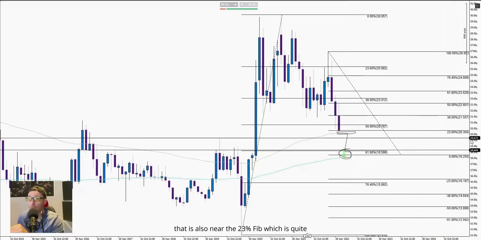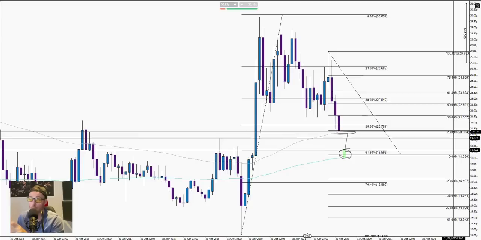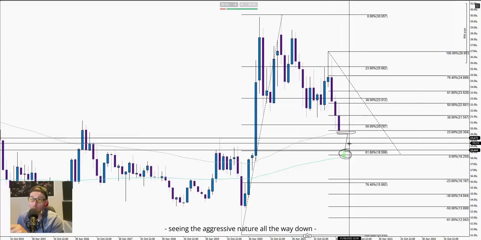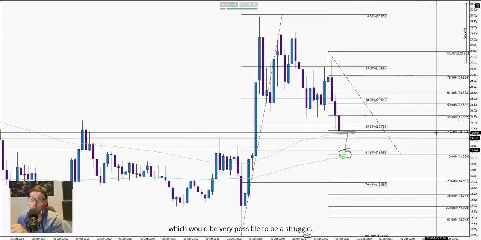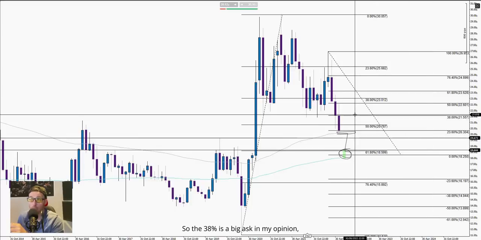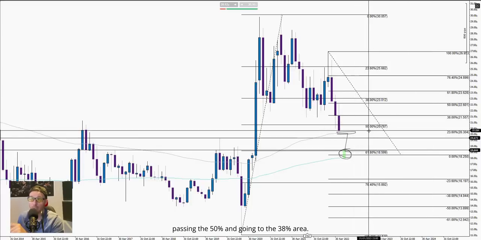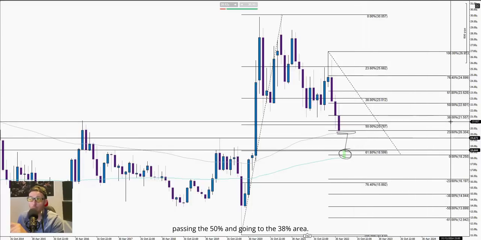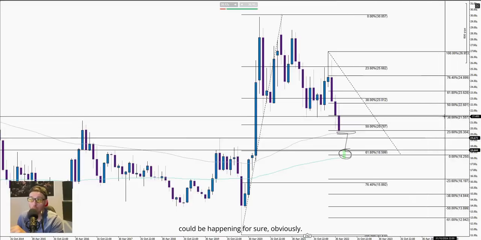That is also near the 23 fib, which, seeing the aggressive nature all the way down, would be very possible to be a struggle, and the 38 is quite big. So the 38 is a big ask, in my opinion, passing the 50 and going to the 38 area. But that could be happening for sure.